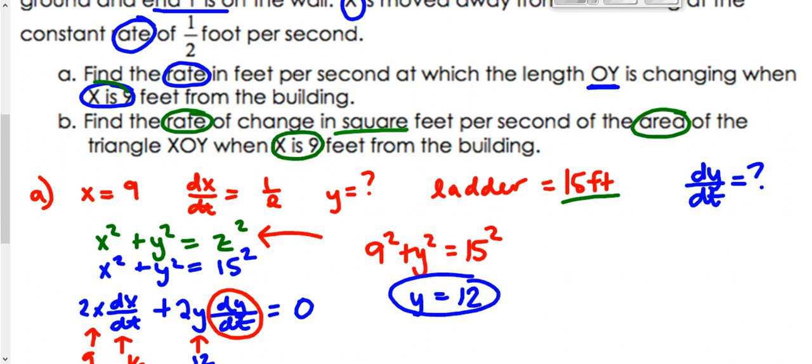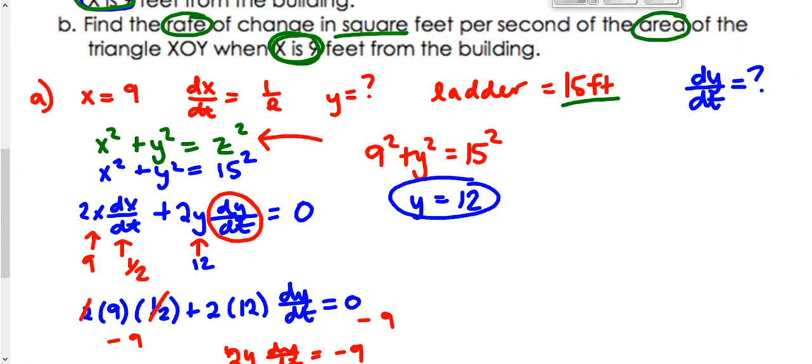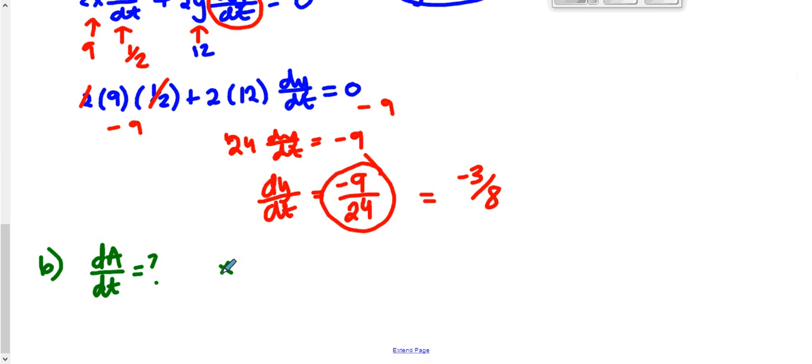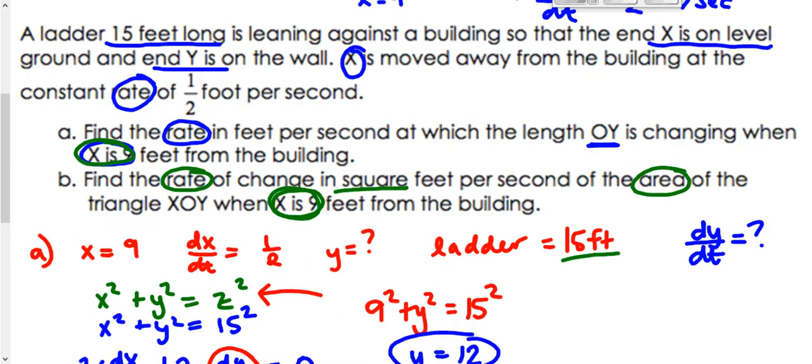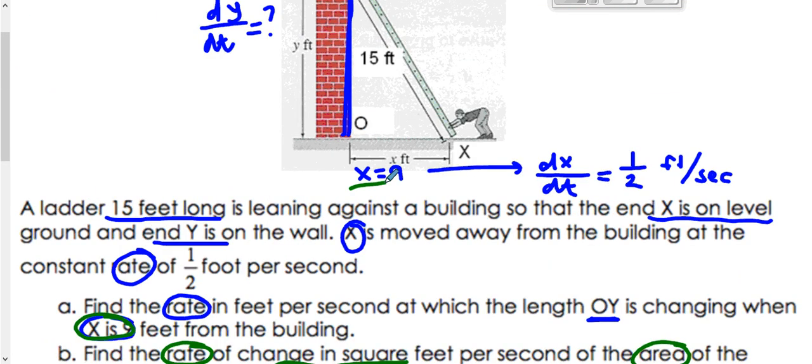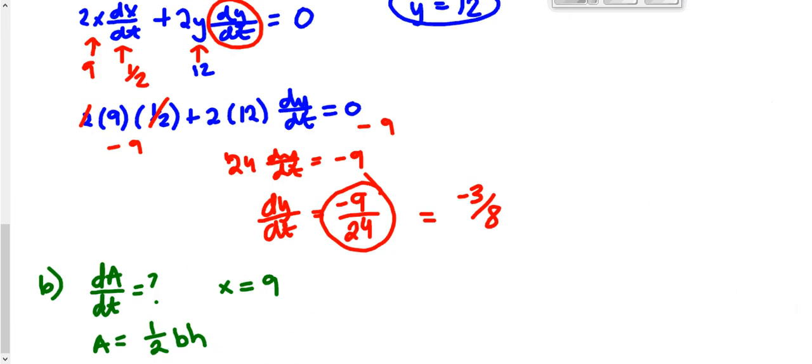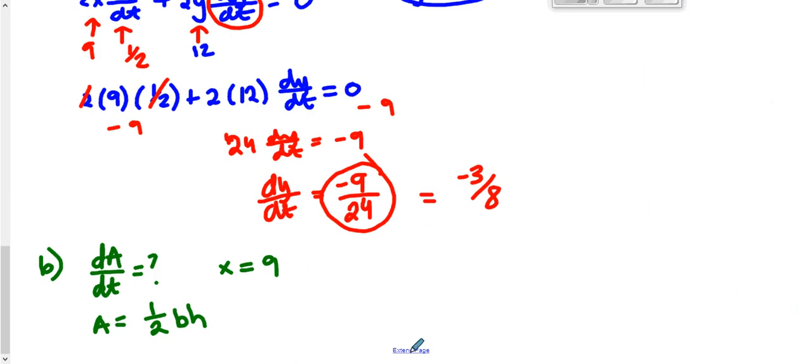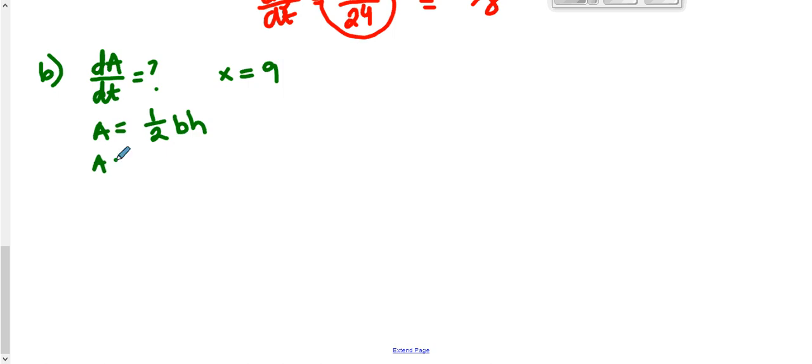So x was 9 feet from the building in part A, x is 9 feet from the building in part B, so we can use all of our information from part A. Our area formula for a triangle is 1/2 base height, but we didn't use base and height. We used x and y. So let's change that before we get confused. We're going to rewrite our area formula as 1/2 x y.